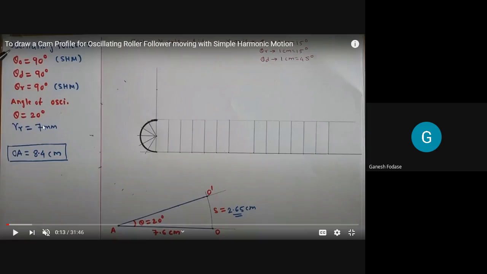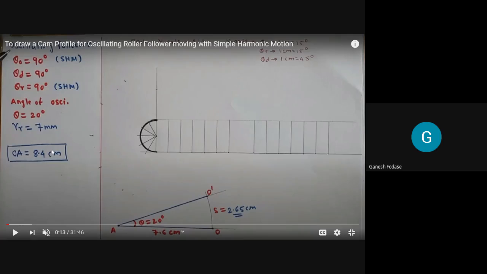One more thing. As the follower is an oscillating roller follower, the roller radius is given, which is 7 mm. Now how to start drawing, we will discuss one by one. The length of the follower arm, called OA, is 8.4 centimeter.